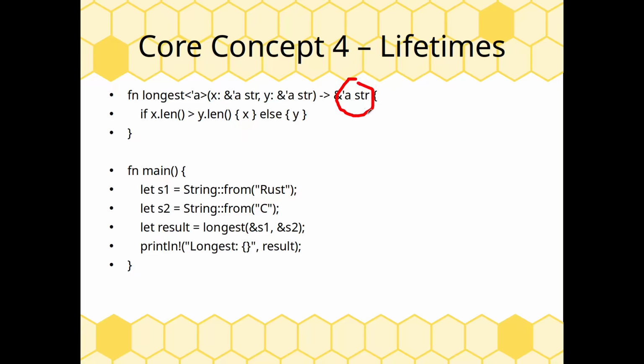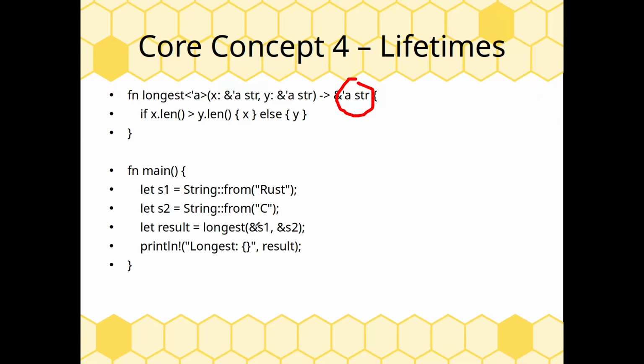In this, dash a means lifetime. If either of x and y's lifetime is finished, then the lifetime of the output will also be removed. That means you cannot access the data of x and y outside the scope of the function.